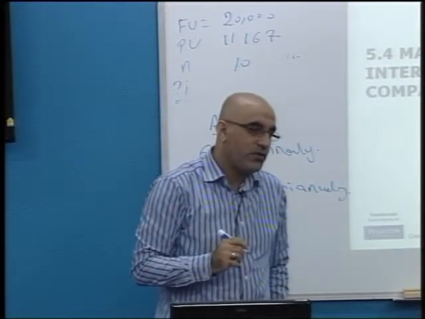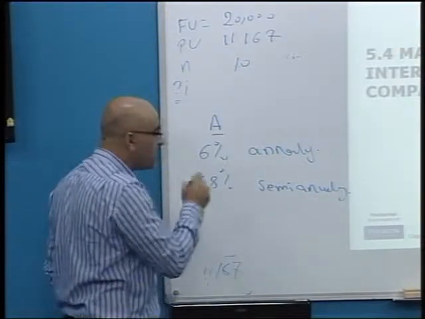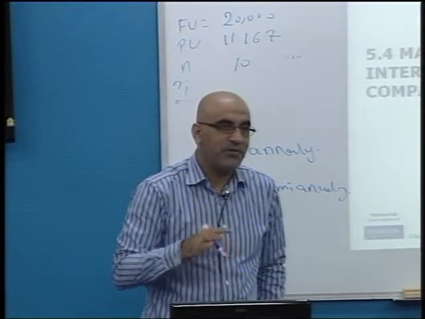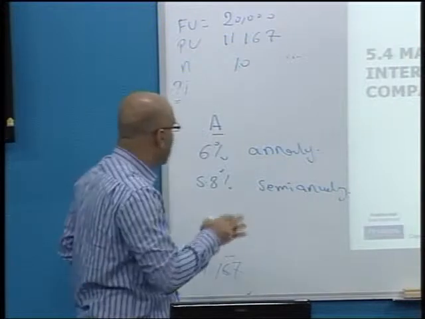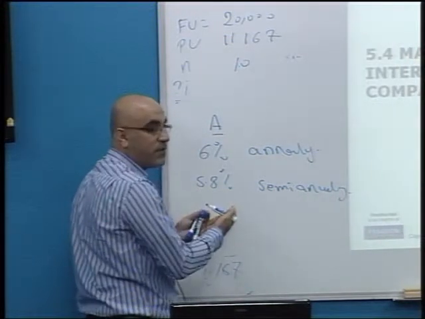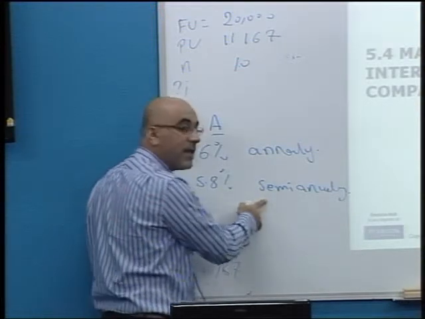So what we should do in this case is try to standardize the interest rates. To standardize means to unify the standards or the measures. This is annual, this is semi-annual.